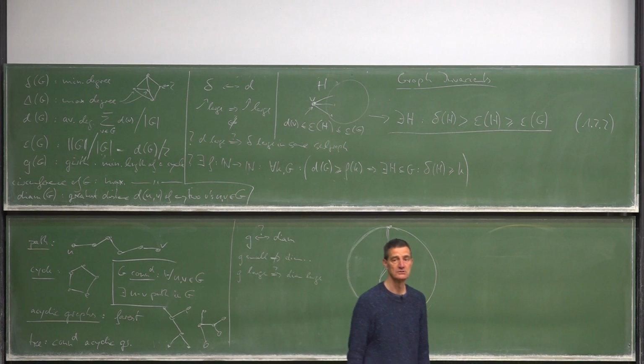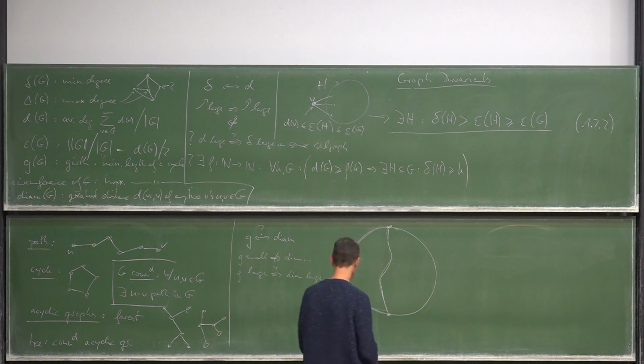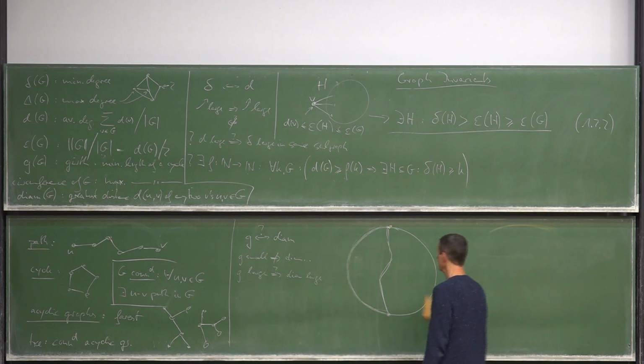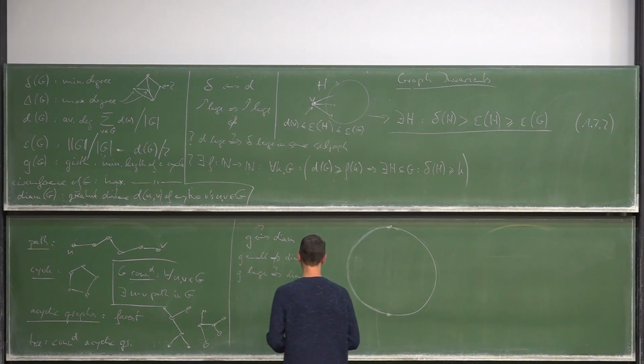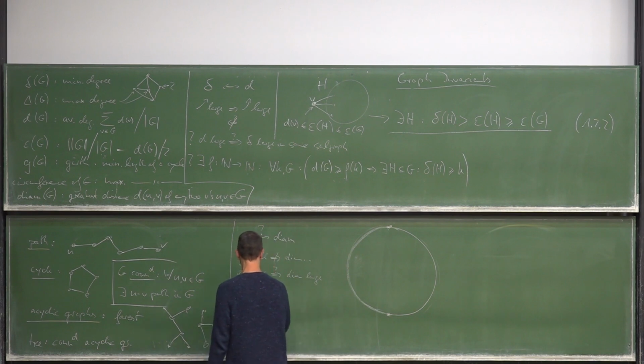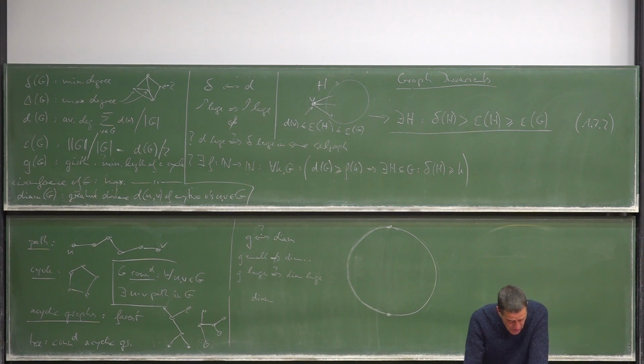Is that a proof? Yeah, morally, yes. Factually, not. Okay, how does the proof go? So we want to prove that the diameter is, so this is 1, 3, 2.